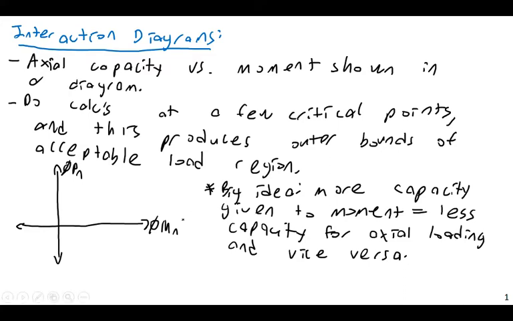We have a certain amount of capacity, and if it's getting used up in one, there'll be less available for the other.